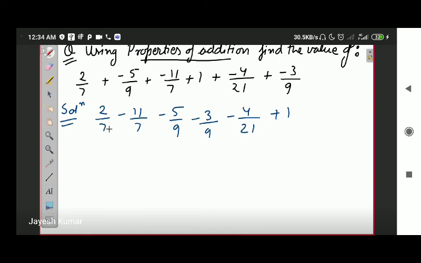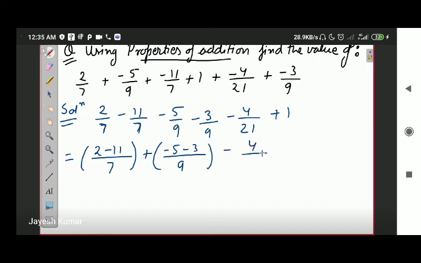The reason being, I have put the numbers with denominator 7 together, numbers with denominator 9 together, and the rest of the numbers separately. Okay, so first of all, we will solve 2 upon 7 minus 11 upon 7. So taking 7 as the denominator, 2 minus 11, plus taking 9 as the denominator, minus 5 minus 3, minus 4 upon 21 as it is, plus 1 as it is.